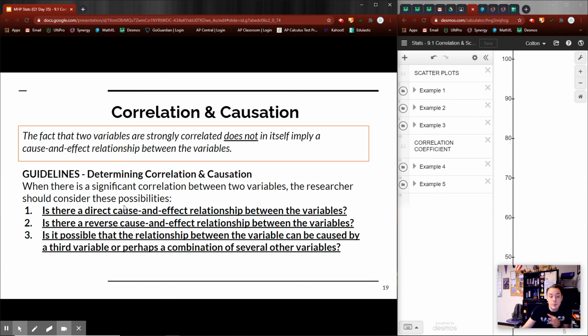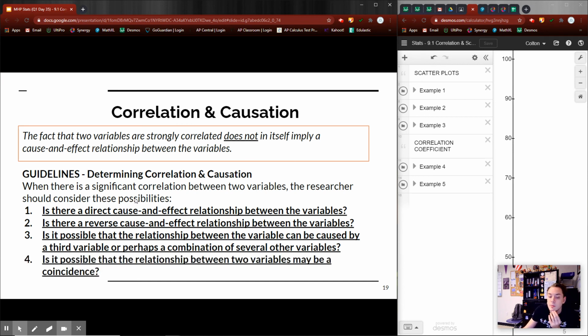Is it possible that the relationship between the variables can be caused by a third variable? Maybe it is. Who knows? Or perhaps a combination of several other variables. And last, is it possible that the relationship between two variables may be a coincidence? Because it could, in fact, be a coincidence. We don't know. So these are good guidelines to think of. Make sure you get them down. Pause the video if you need to.